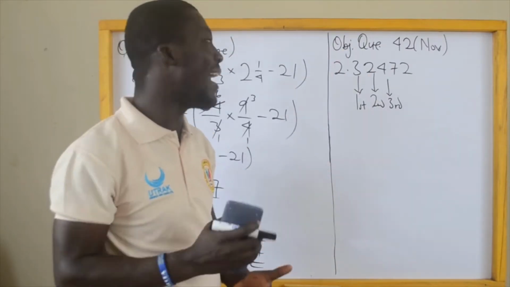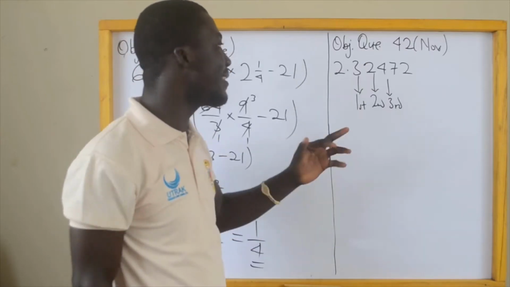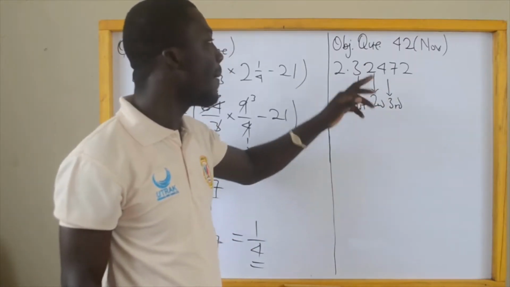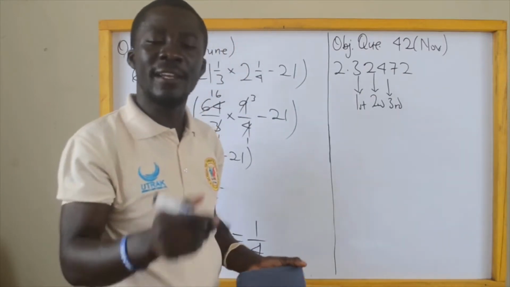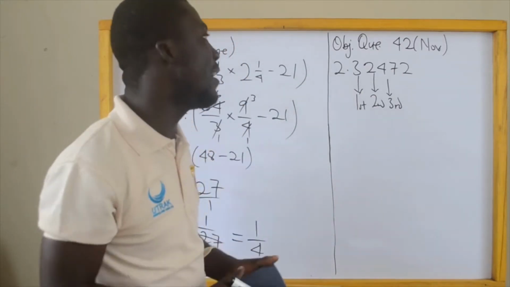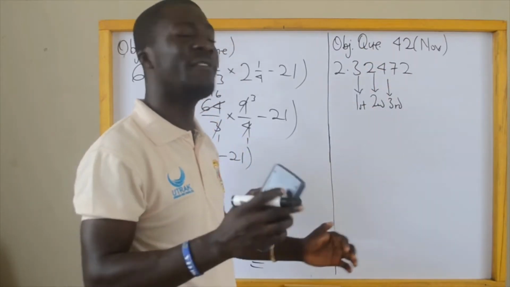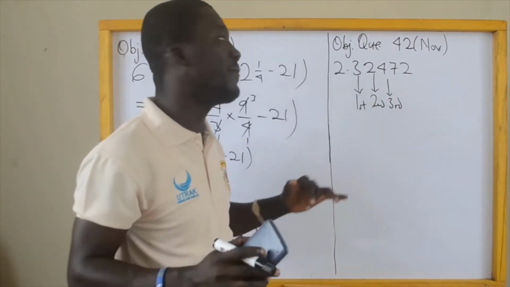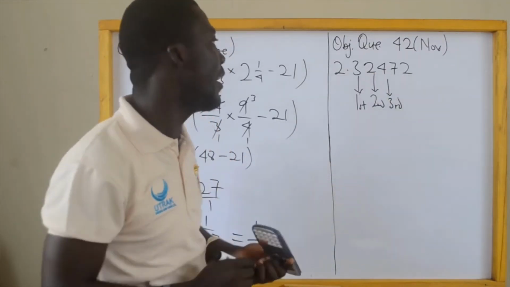So we look at the number at the third decimal place, which is 4. Then we consider the number next to it. If it is equal or more than 5, we add 1 to the 4. But if it is less than 5, we discard the number and maintain our value there.